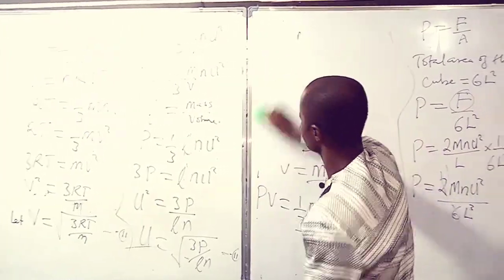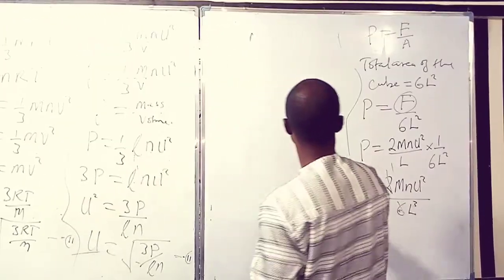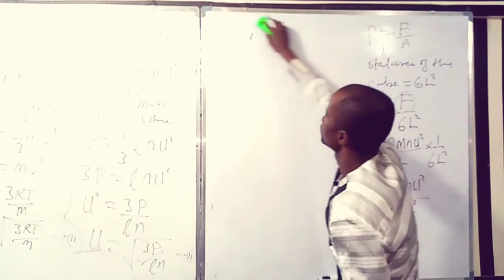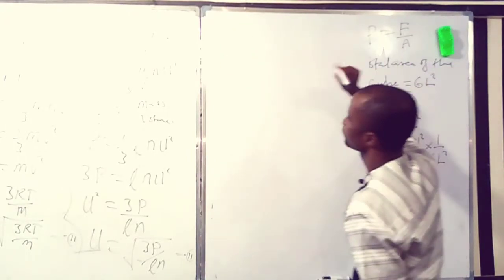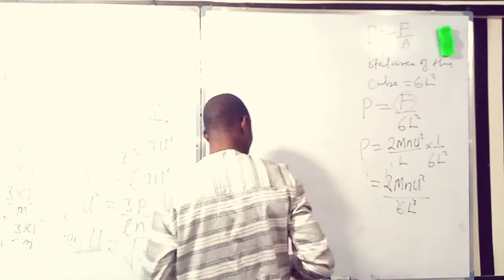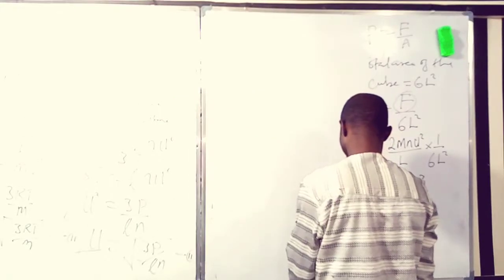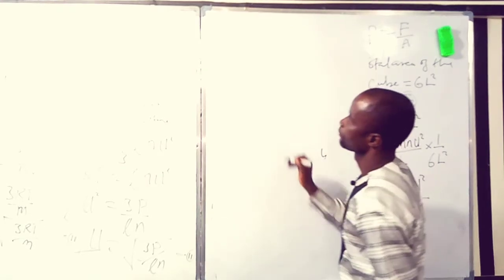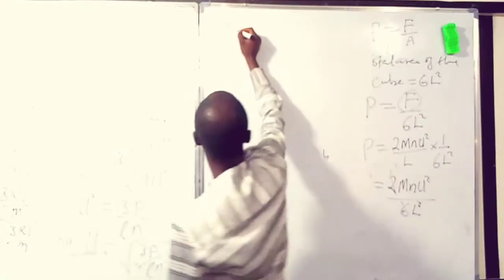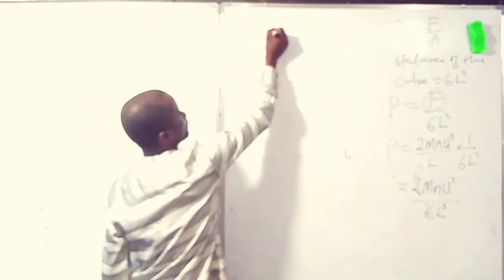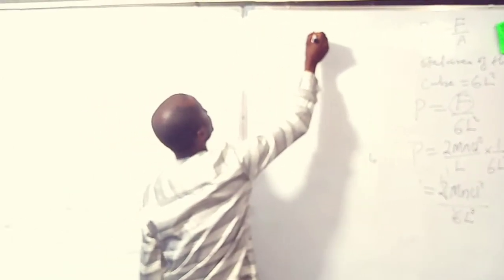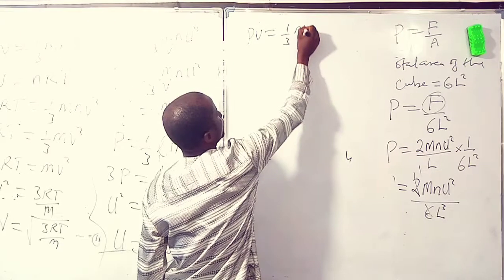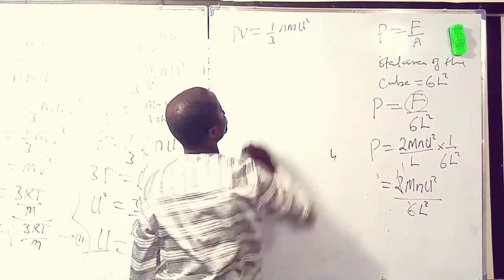In terms of concentration, how are you going to relate it? Go back to the ideal gas equation again, where you have PV is equal to 1 over 3 n m u square.